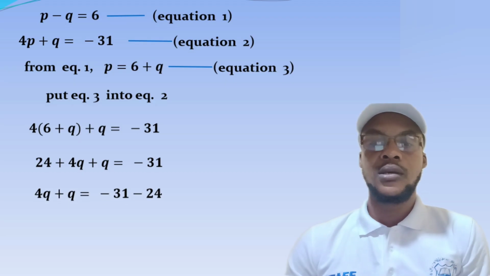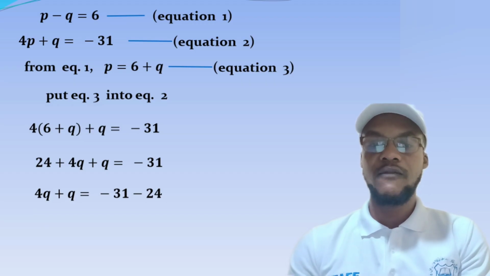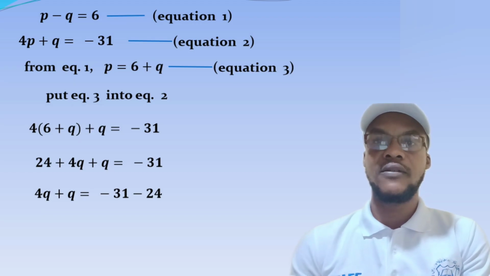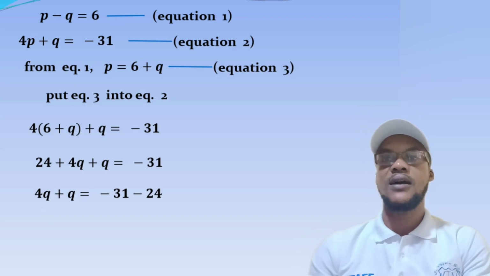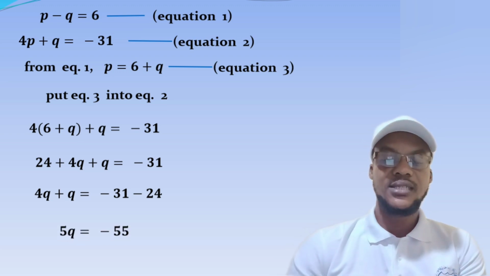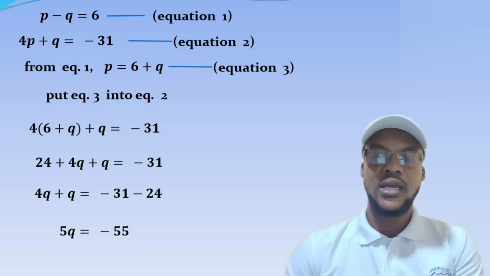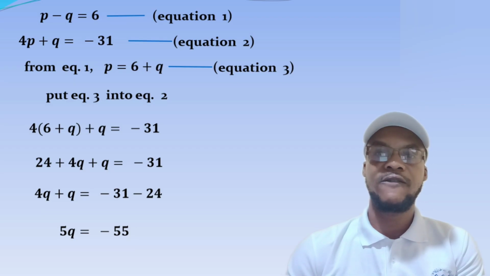All right, great. So if we have this, then we can also group like terms. Grouping them, we have 4Q plus Q is equal to negative 31 minus 24. That is what we have now. So we can add 4Q to Q, and that gives 5Q, which is equal to negative 55.